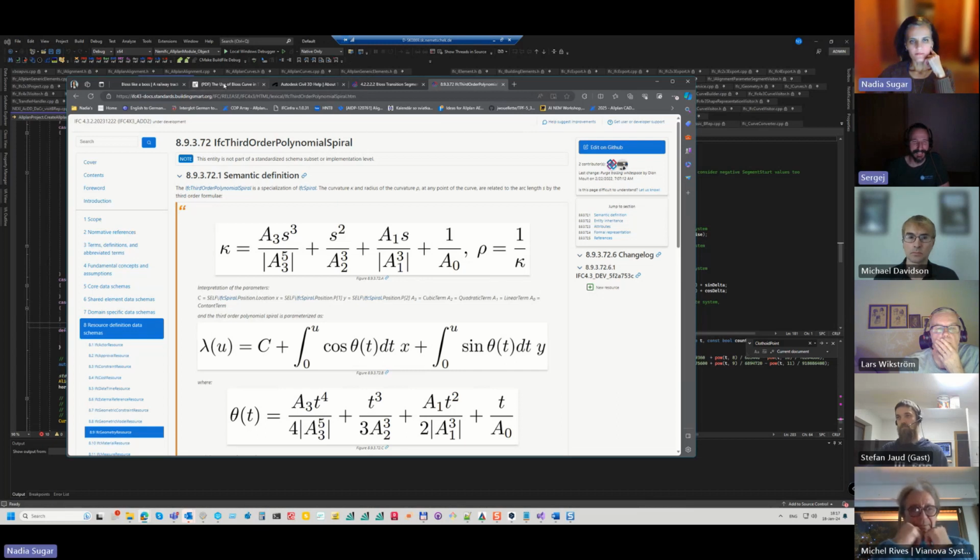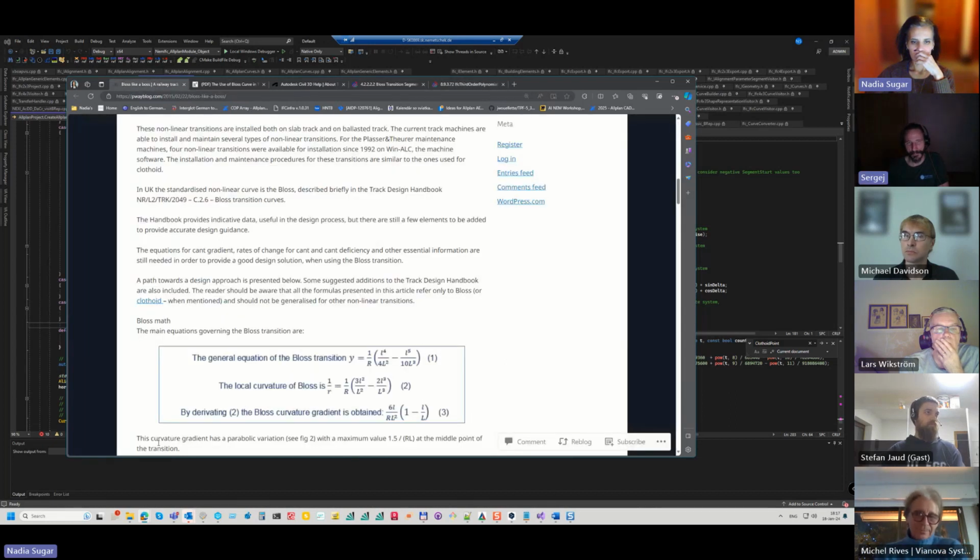This is not completely correct, I think. Because when I looked for the formulas for Bloss transition, so for the curvature, right? Curvature defined in terms of arc lengths.